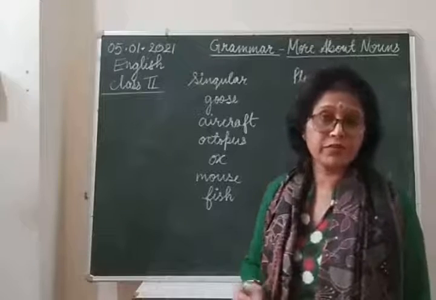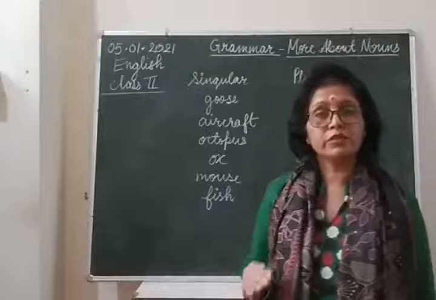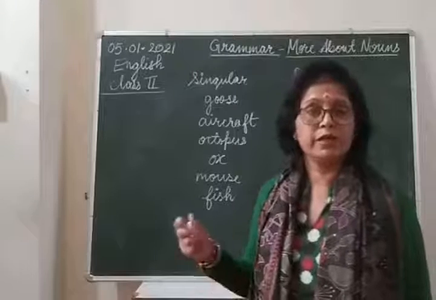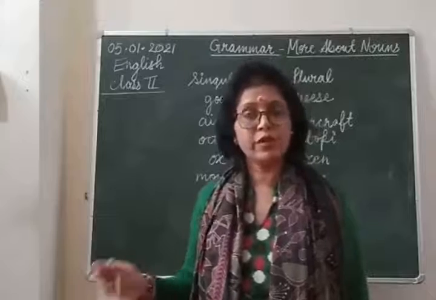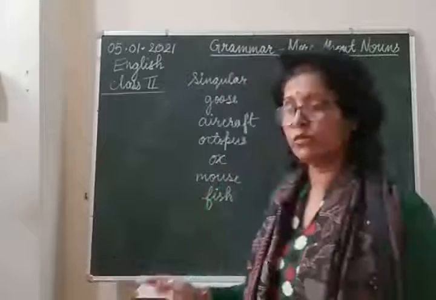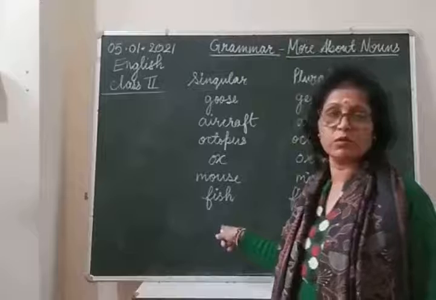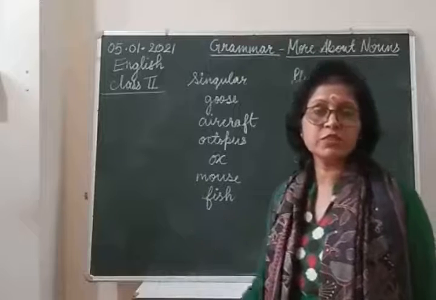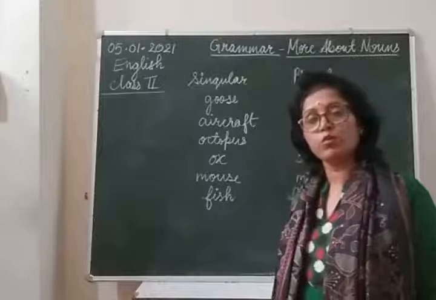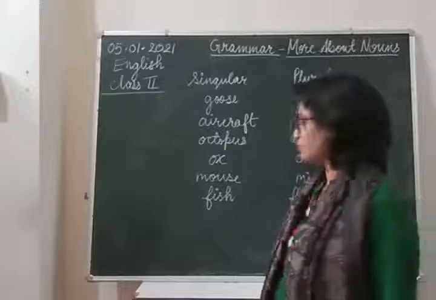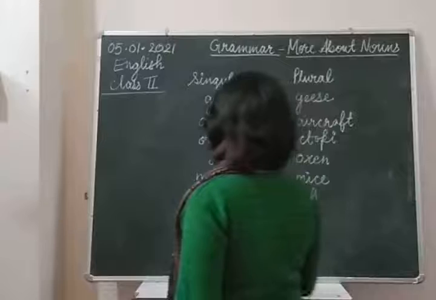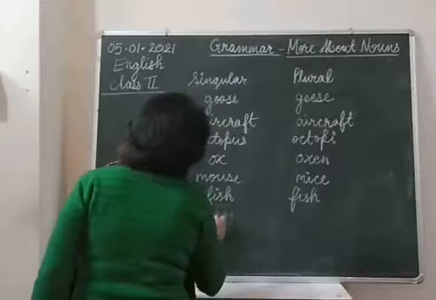And the rule that we have studied is that if the spelling of the noun ends with SH, we add ES to make its plural. But that rule will not be applicable on the word fish. One fish is fish, and if there are more than one fish, then also it is called fish only. Then we have word called cactus.